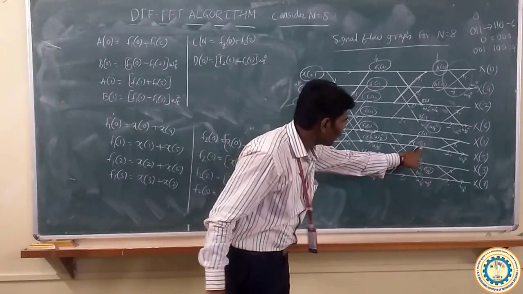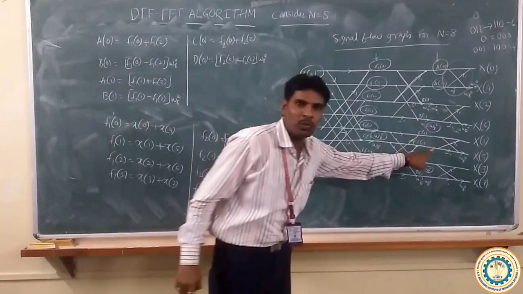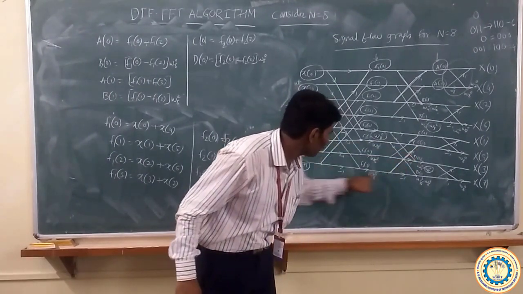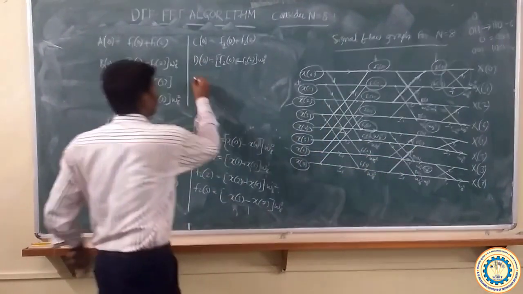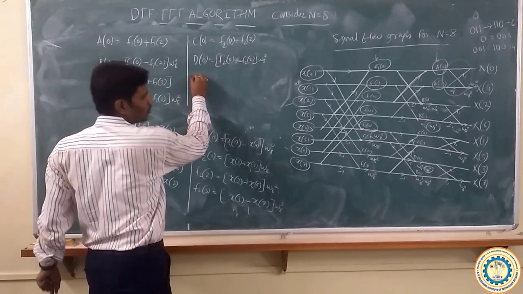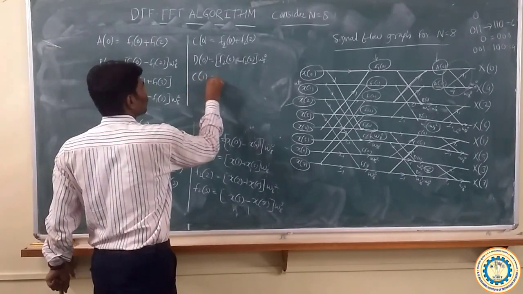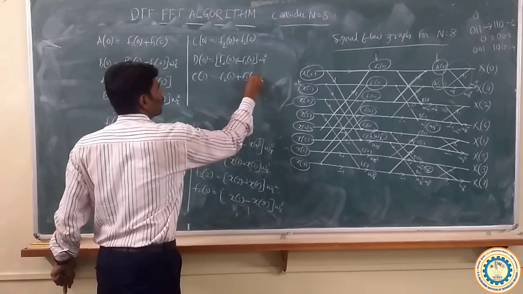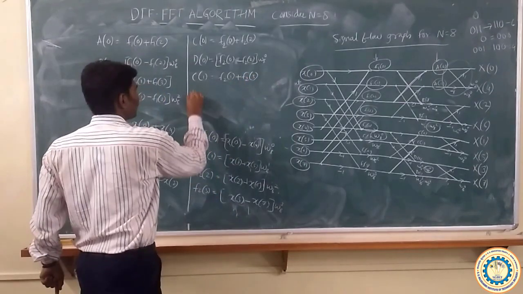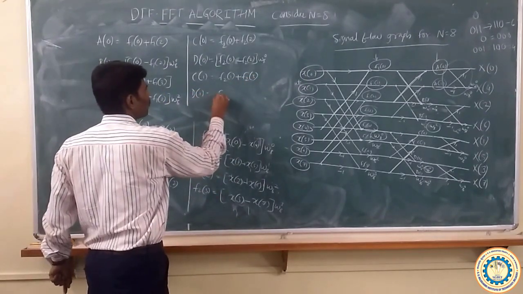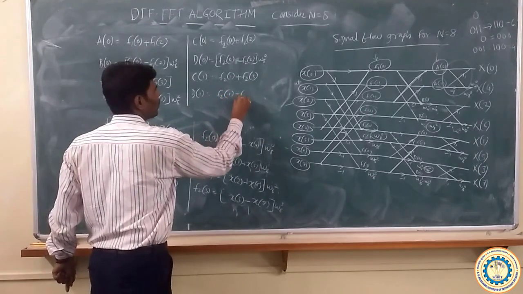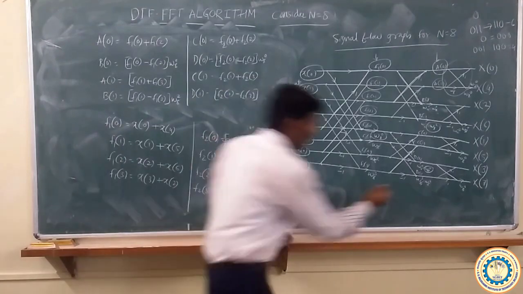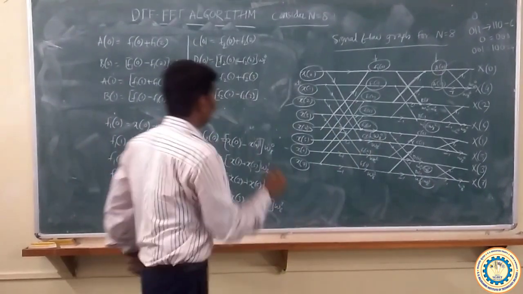Similarly, now we will write the expression for c of 1. The inputs for c of 1 are f2 of 1 and f2 of 3. Similarly, d of 1 is equal to f2 of 1 minus f2 of 3, and it will be multiplied with the middle factor w8 2.